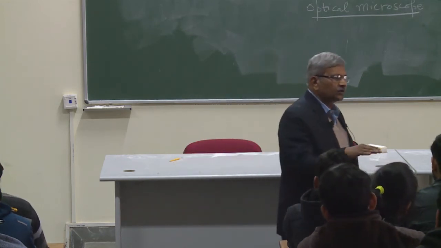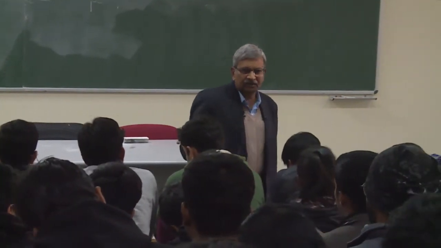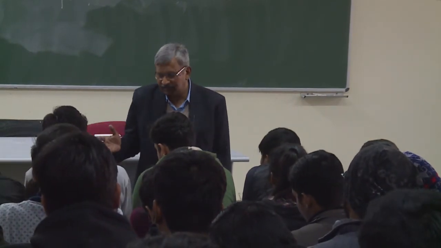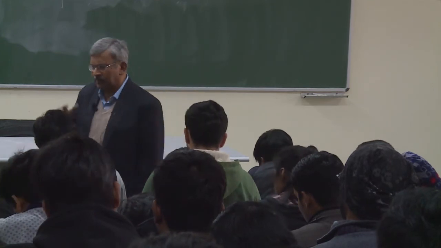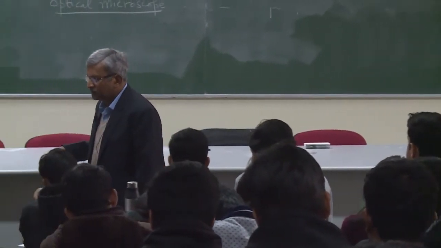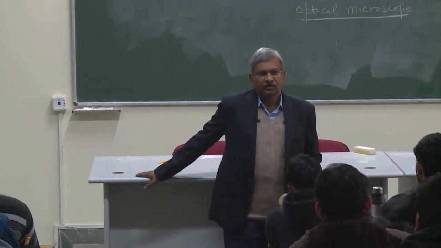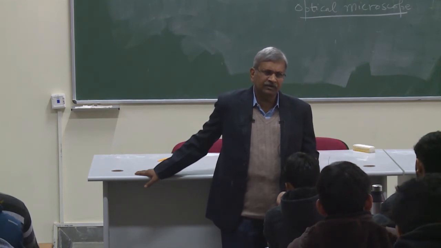But electron microscope we have, right? And this place is the historical user of the electron microscope in this country. We are the first to have used electron microscope on the campus. So what is the characteristic of wavelength?